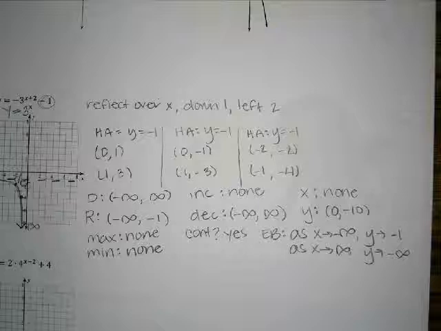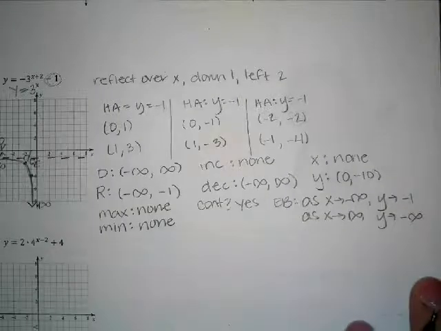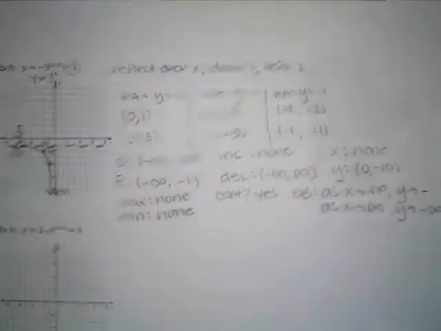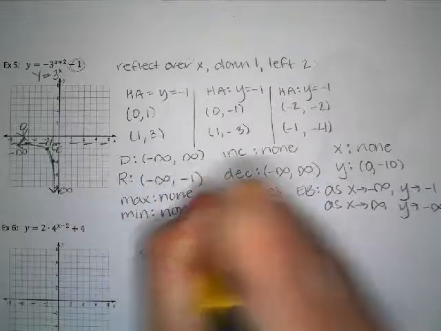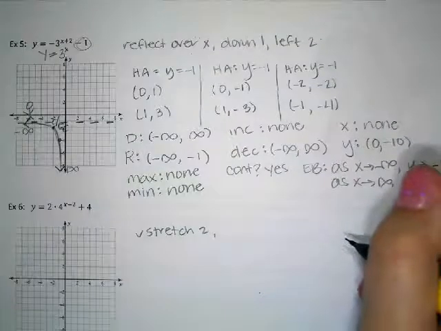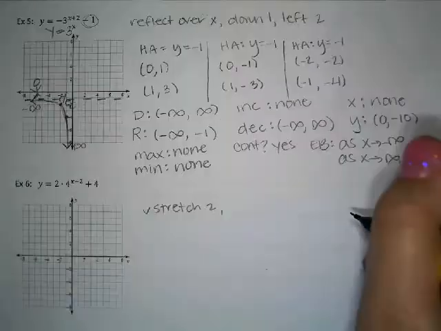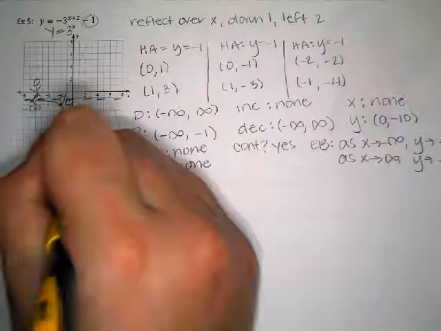All right. Next one. Transformations are: now this is a stretch. Vertical stretch of 2. So your base is 4, right? Base is 4. Right 2, down 1.